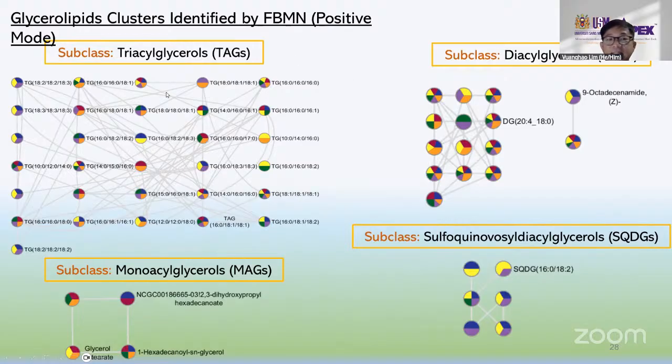Besides serving as energy storage molecules, glycerolipids have been implicated in inflammation and also tumor biology. So you can see that their differential abundance may contribute to the observed biological activities that I mentioned above.